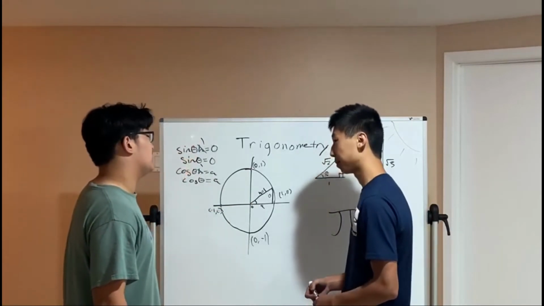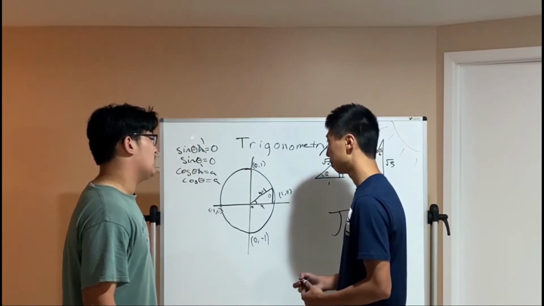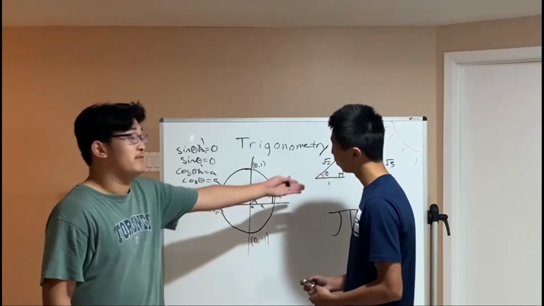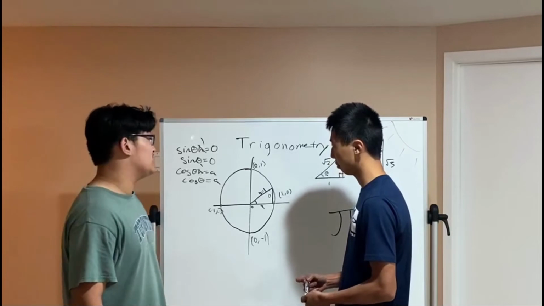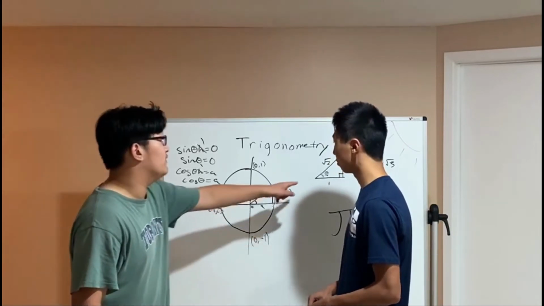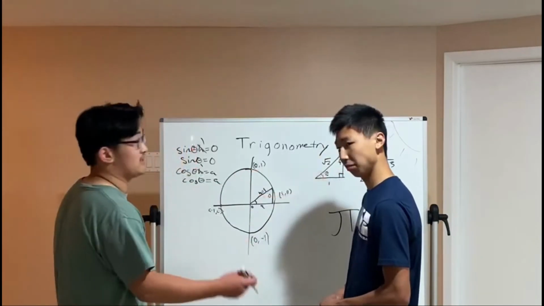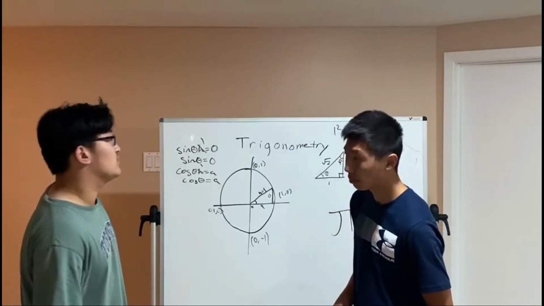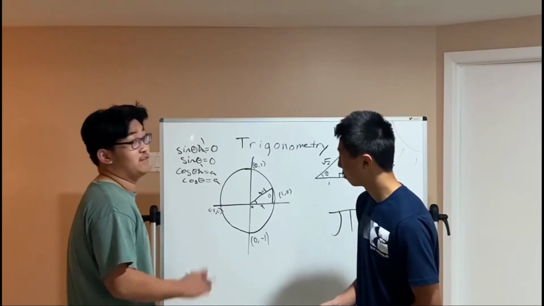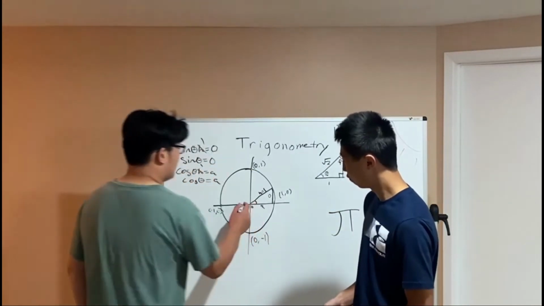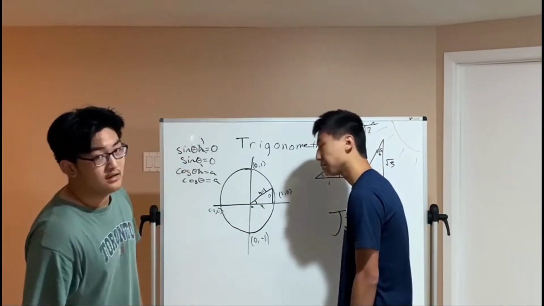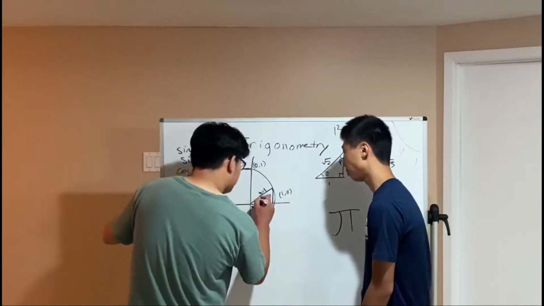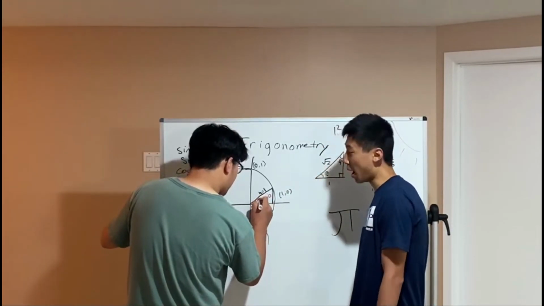And then you're wondering, well, what does this have to do with these special triangles? Well, we're going to teach you the values of each of these things, because those are the most common in math. Not even in trig, just in math in general. So we're just going to pretend that this is 30 degrees, or pi over 6.